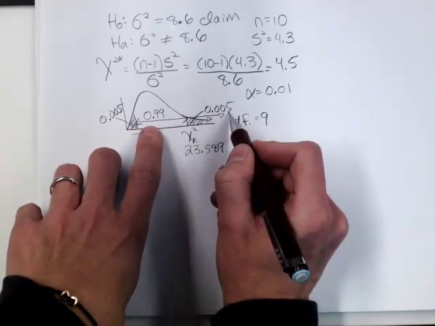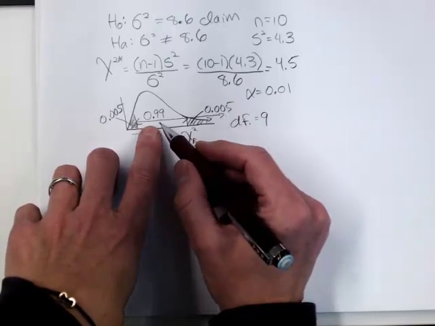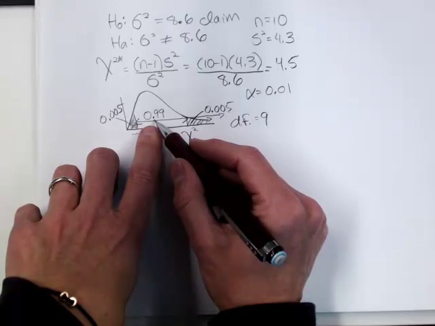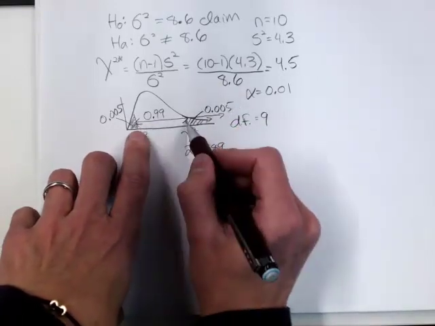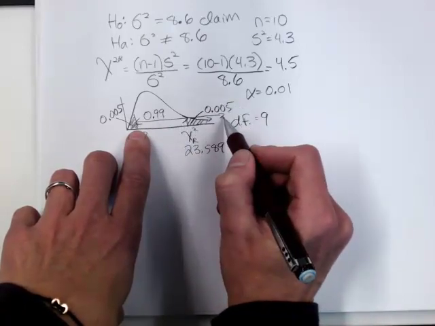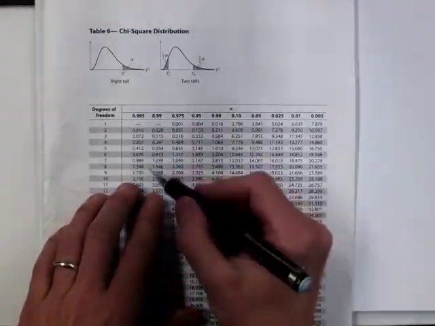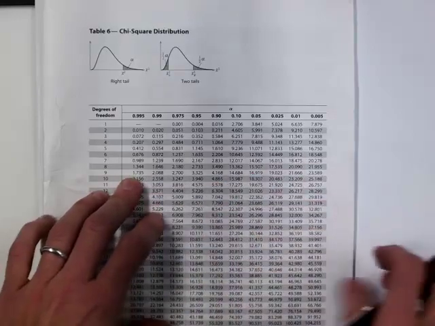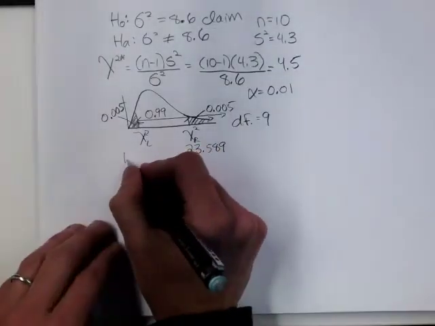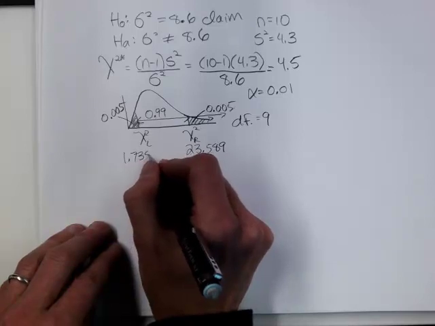So in the chi-square table, I want to read over to the column that corresponds to 0.995, because it's 0.99 plus 0.005. Looking at the table, do you get 1.735? So 1.735 for that lower critical value.